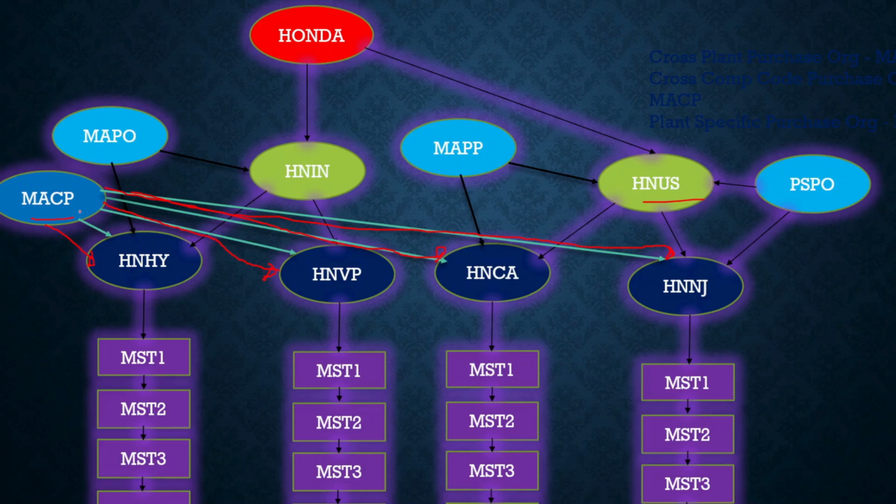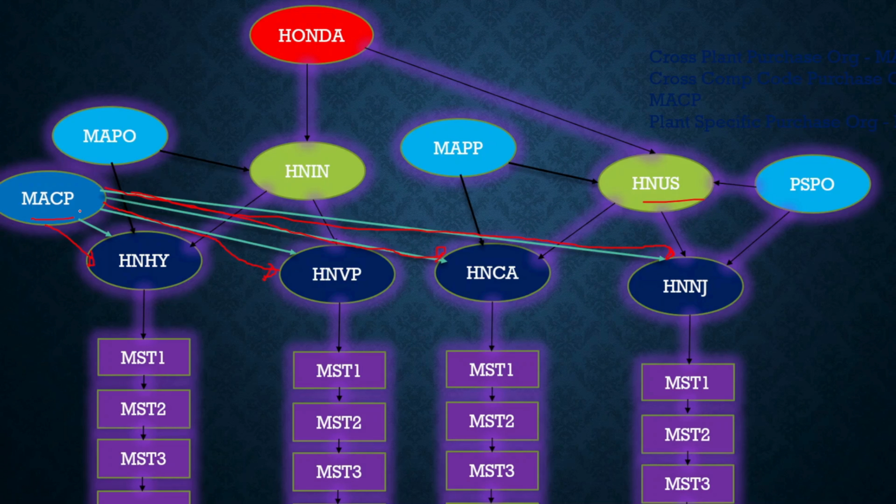It's a centralized purchase organization, or a cross company code purchase organization. Two different names, but both are the same. So don't confuse it: it's not cross plant, it's cross company code. Both are different.